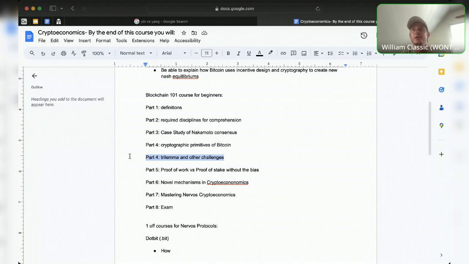And then we'll look at solutions that try to solve the trilemma. There are so many that it would take too much time to go over all of them, but we're going to go over some of the more popular ones, and we're just going to discuss the trade-offs.